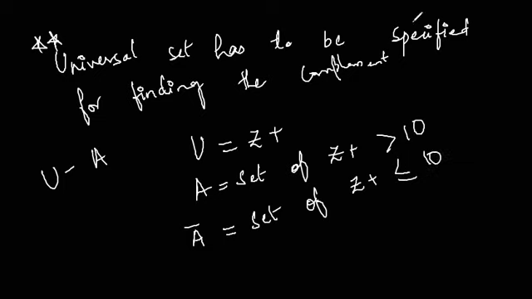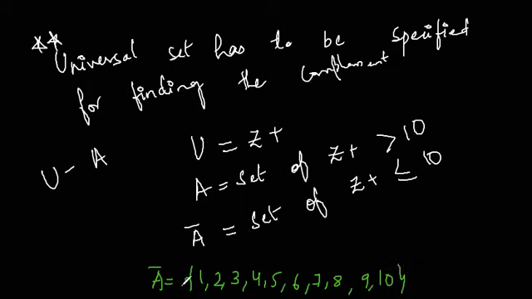So the solution is A bar equals all the numbers from 1 to 10. This is the complement where A is the set of all positive integers greater than 10.